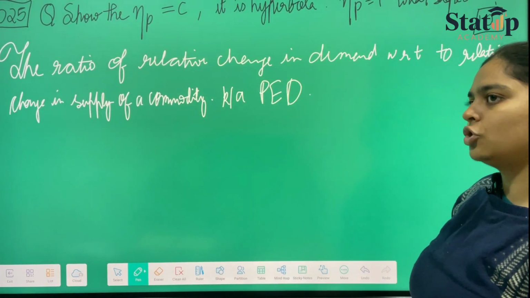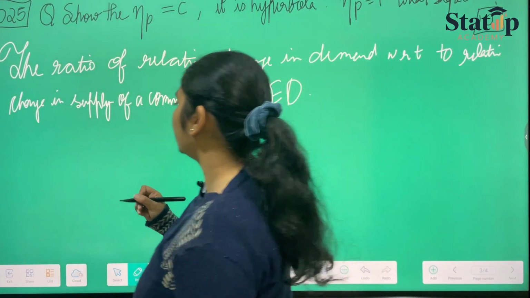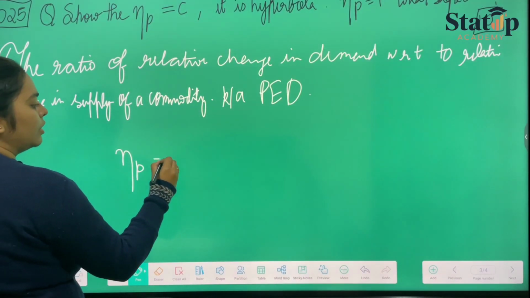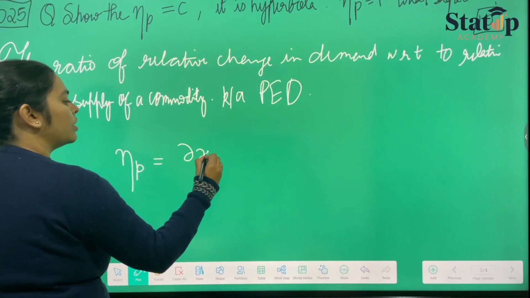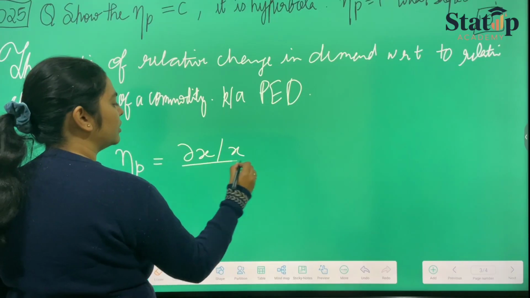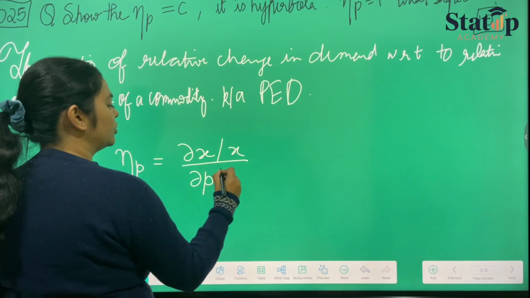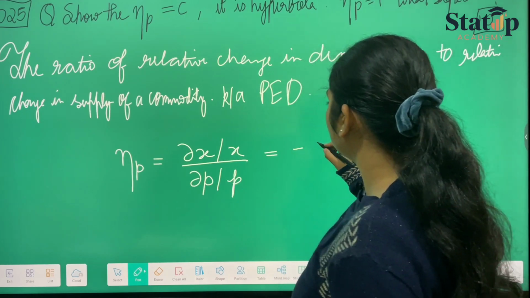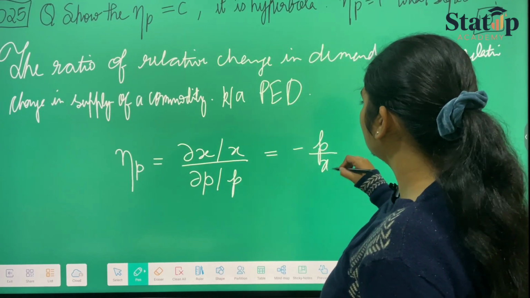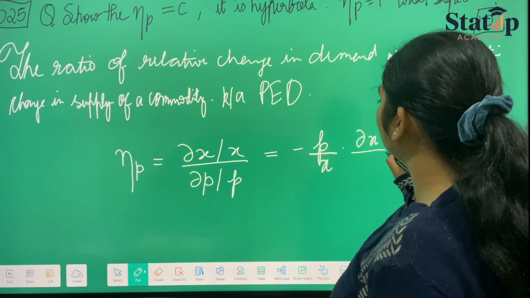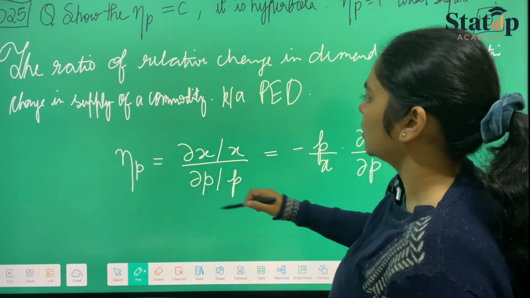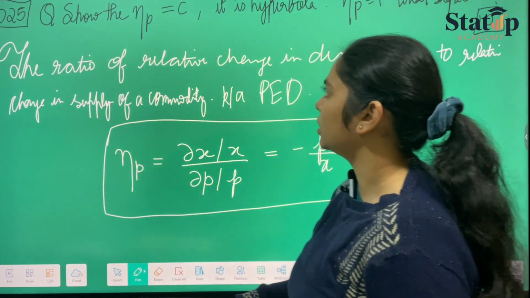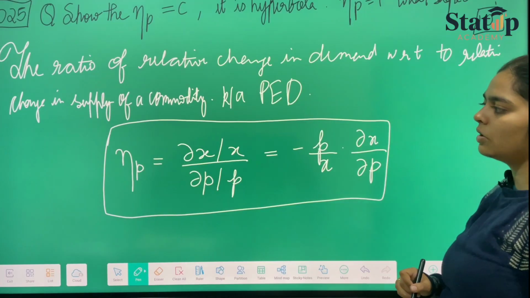I'm writing it in the short form PED. The formula can be given as eta P equals the ratio of change in demand with respect to the ratio of change in price, which can further be written as minus P upon X into delta X upon delta P. This is the formula for price elasticity of demand.